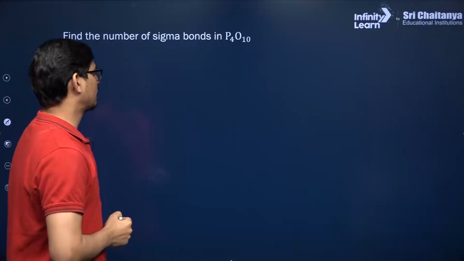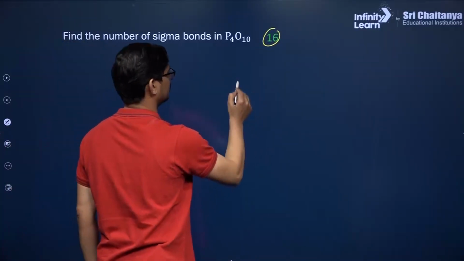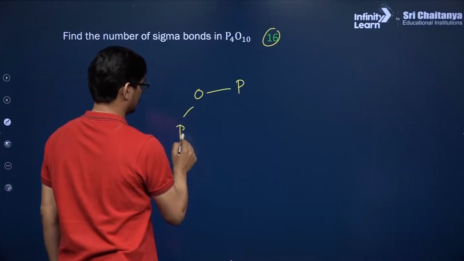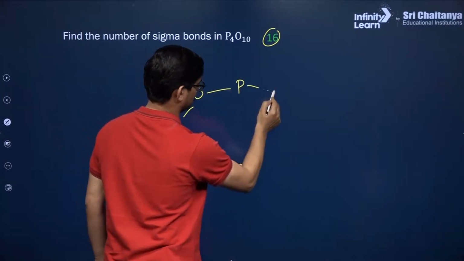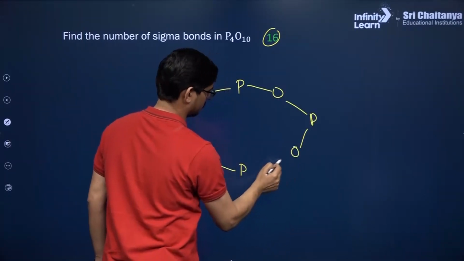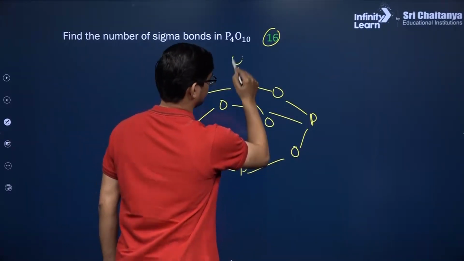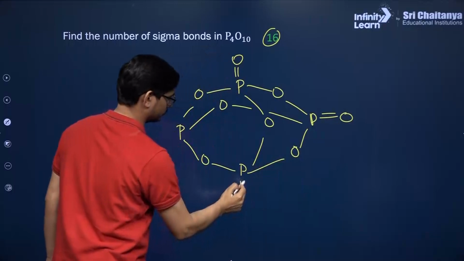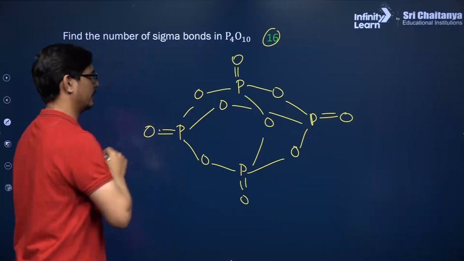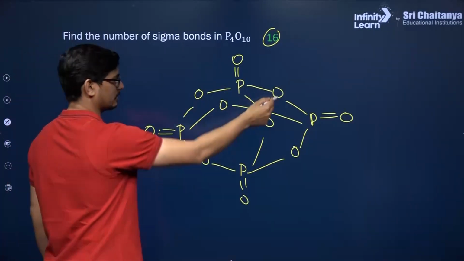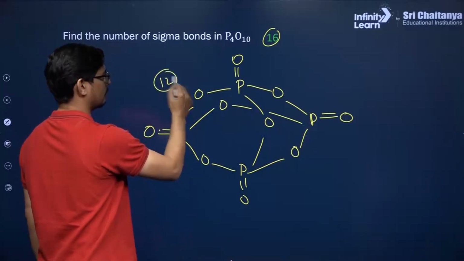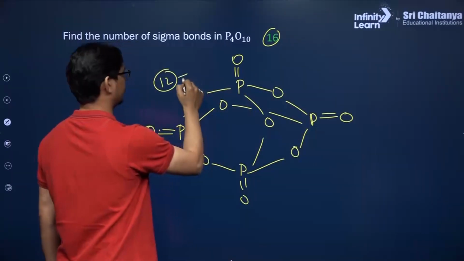Then find the number of sigma bonds in P4O10, that is 16, because right. So you can see that these 6 oxygens are forming 12 sigma bonds and these 4 oxygens are forming 1 sigma bond each.